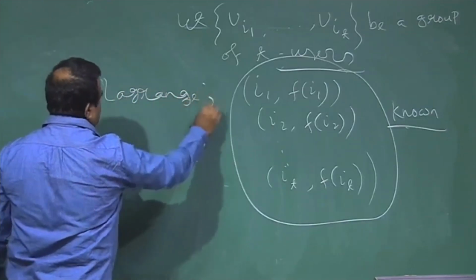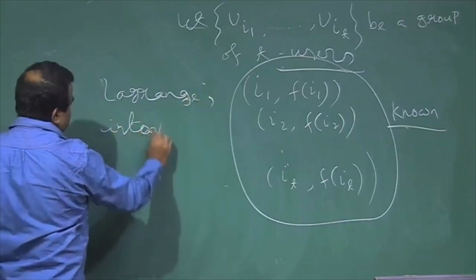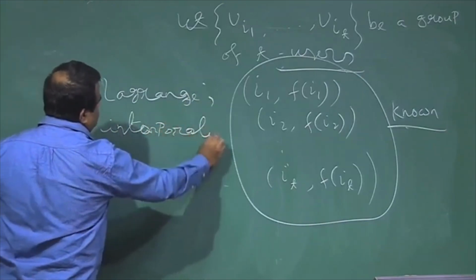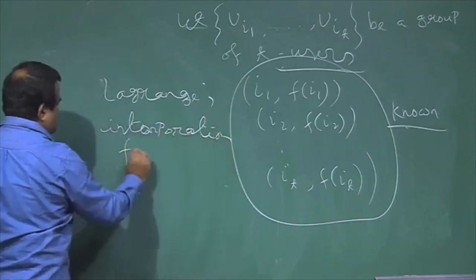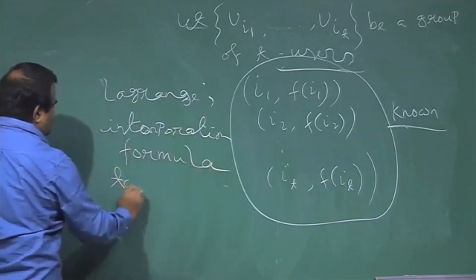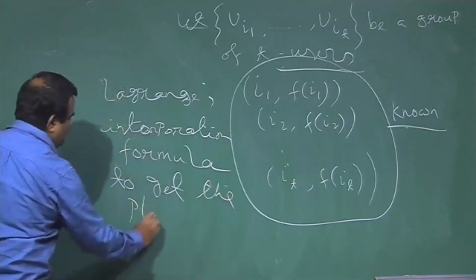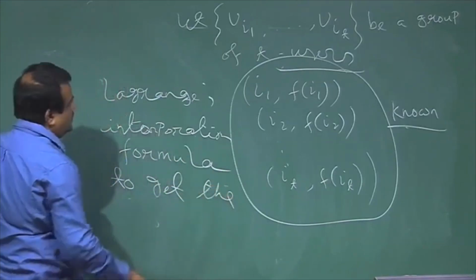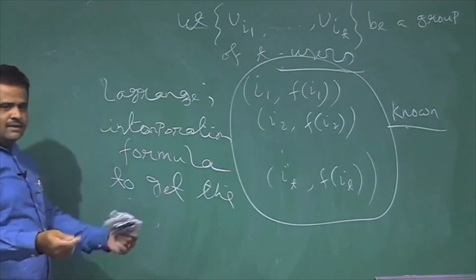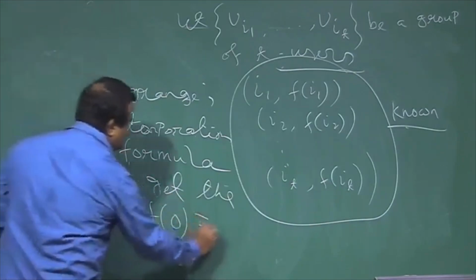Using Lagrange's interpolation formula to get the polynomial, or the polynomial value at 0, to get f(0). So, this is basically k.